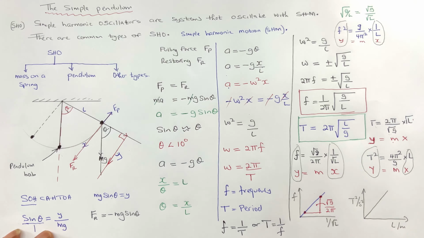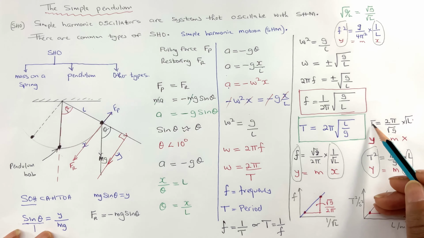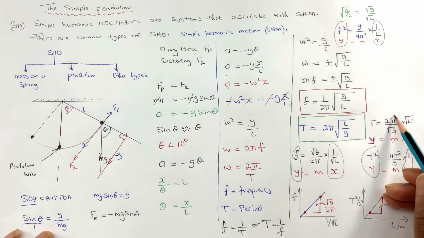And just to remind you, you pick 2 points on the graph, you find your gradient, and that gradient is 4 pi squared over g. So what we're saying is T squared is directly proportional to L, or T is directly proportional to root L. So if you want to get a straight line with this, you have to plot T against root L, and that will be your gradient.